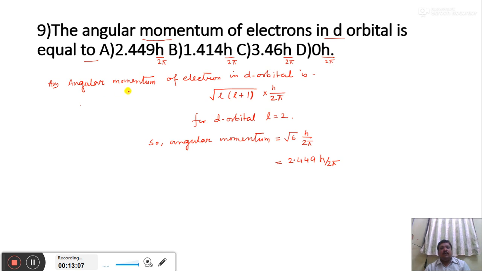Now the angular momentum of an electron in a d orbital is root over l into l plus 1, into h by 2 pi. For a d orbital, the value of l is 2. Putting the value of l, we get angular momentum equal to root 6 into h by 2 pi, which is 2.449 h by 2 pi. So option A is the correct one.